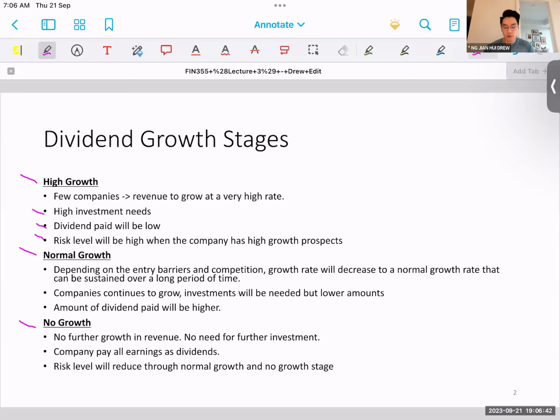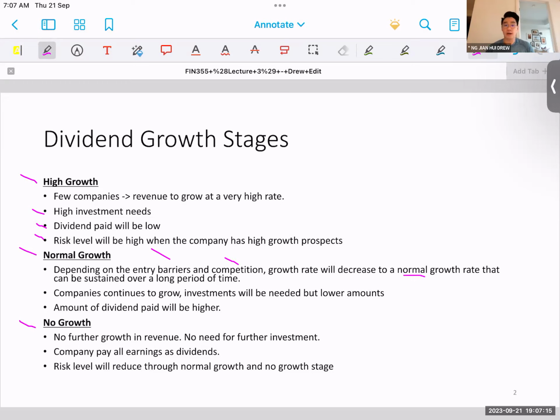In normal growth is where most of your blue chip companies fall. They are growing but already quite stable. The growth depends on things we covered in the first lecture, like barriers to entry and competition. In normal growth, the growth rate decreases to a normal level.